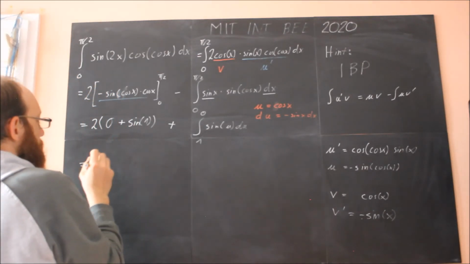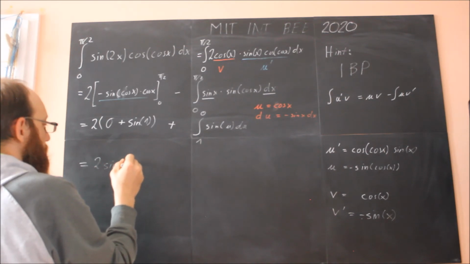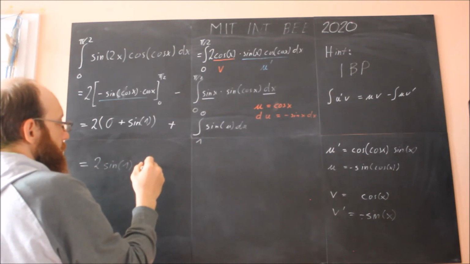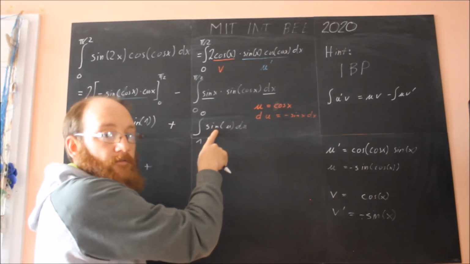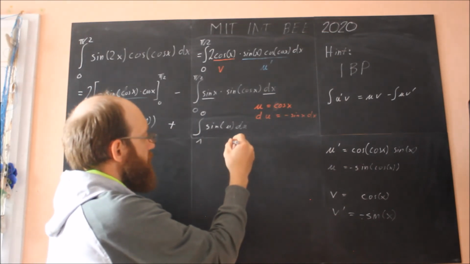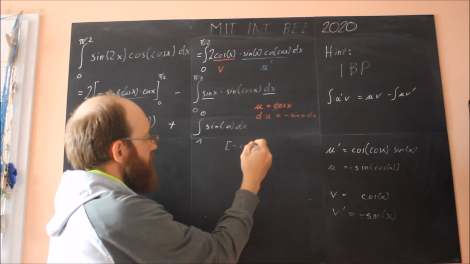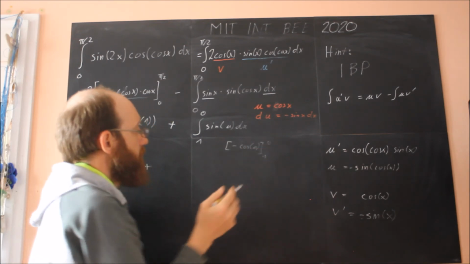So here we have 2 times sine 1, then plus, good, the antiderivative of sine is minus cosine. So we have minus cosine u from 1 to 0.